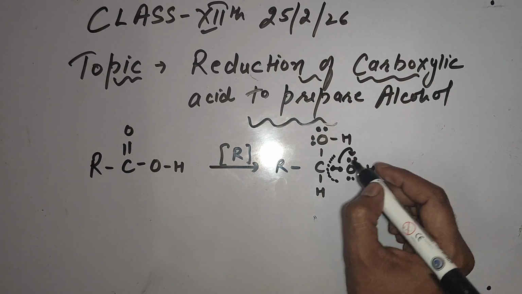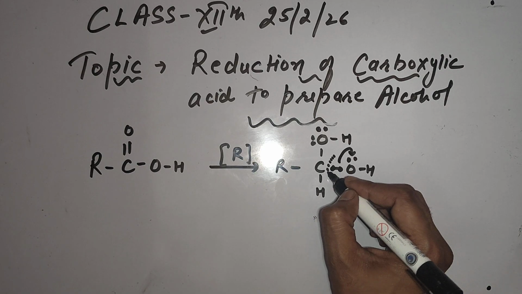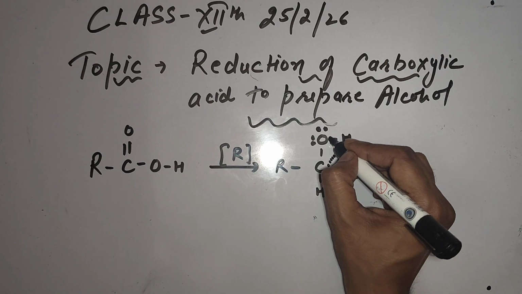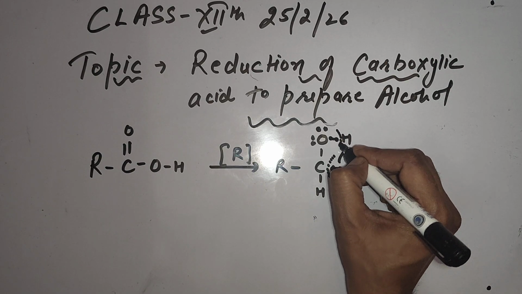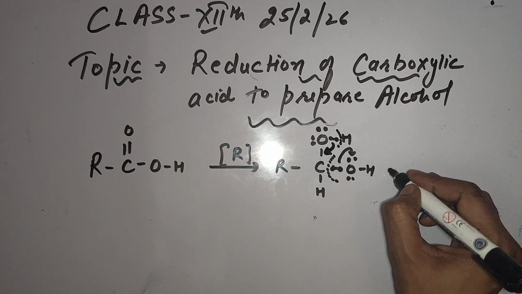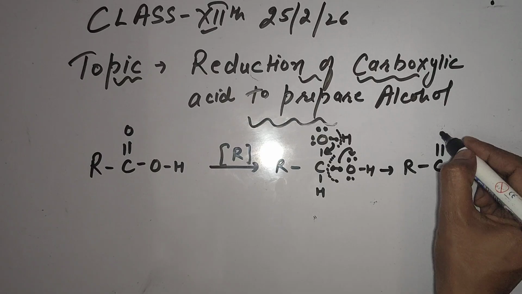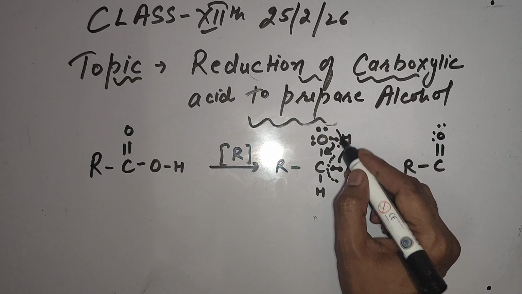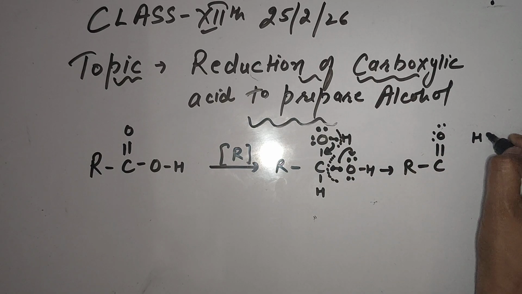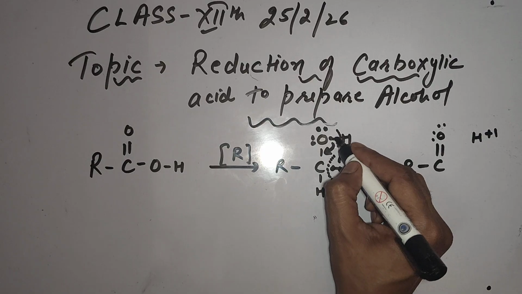Both electrons will go toward oxygen. On carbon, a vacant orbital will generate, which will be satisfied by this oxygen by breaking bond from hydrogen, and will shift here. R between carbon and oxygen, a double bond will generate. What about H? It will release out as H positive because it has lost its one electron.